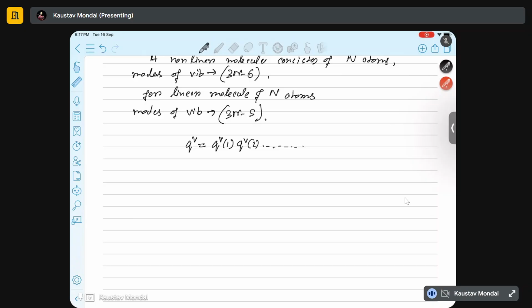If there are k modes, the multiplication reaches up to QVk, for the kth normal mode of vibration.